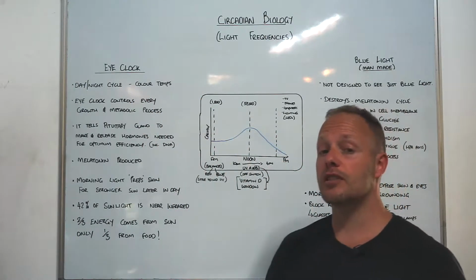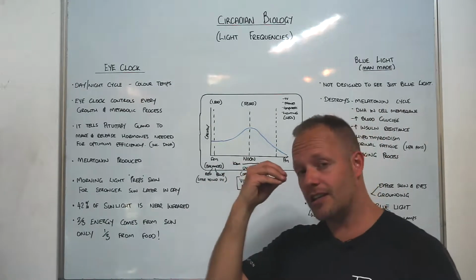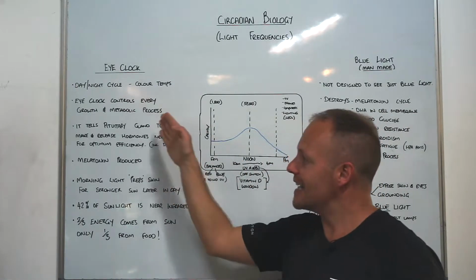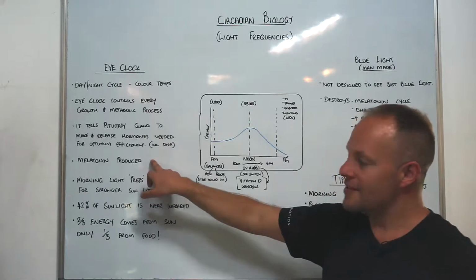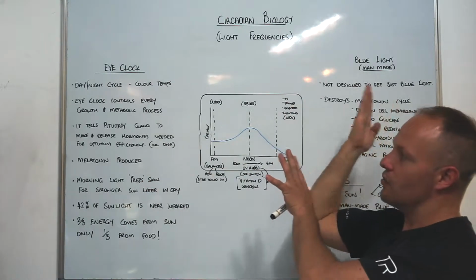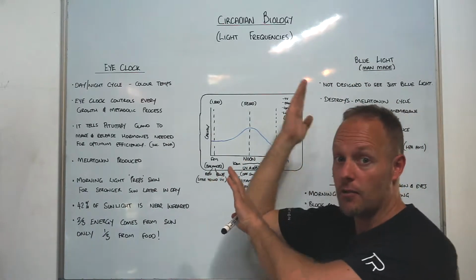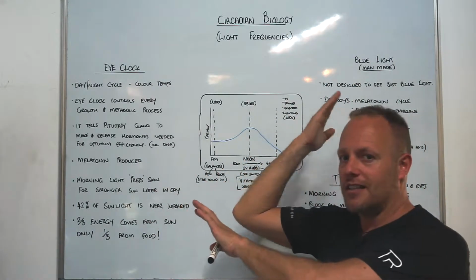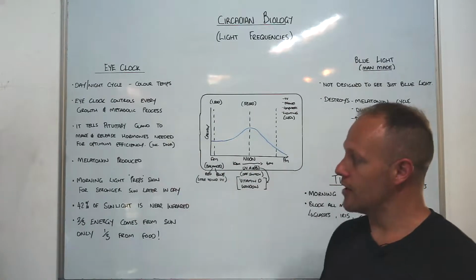It is also produced in the gut, but most of it and the most powerhouse is going to begin in the eye. So melatonin is something that we're going to be talking about here, because when we start looking at the artificial blue light, so man-made blue light, we're going to see what that does to our melatonin.